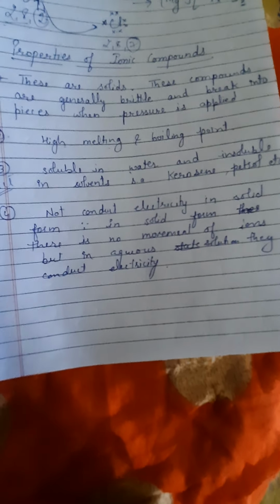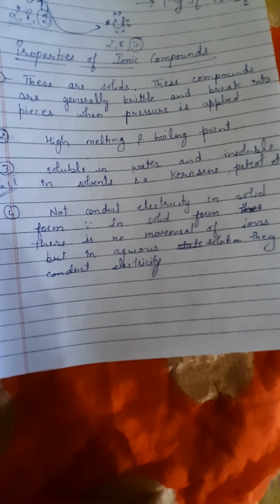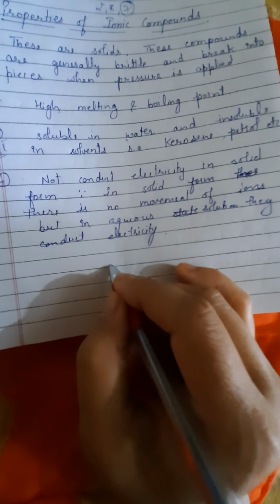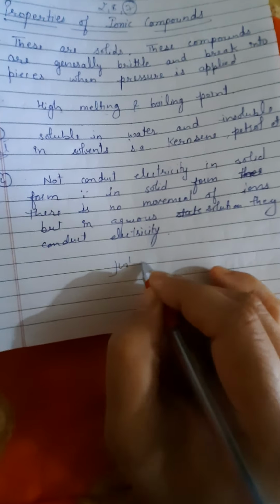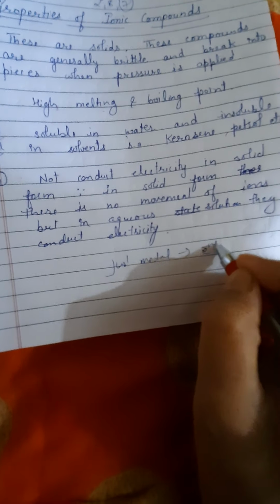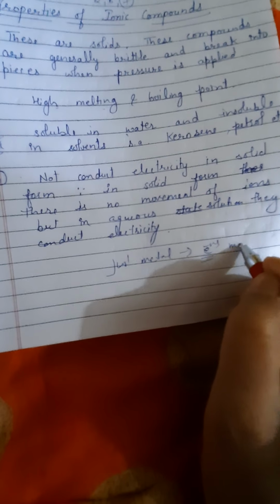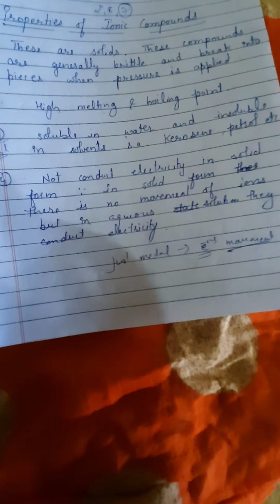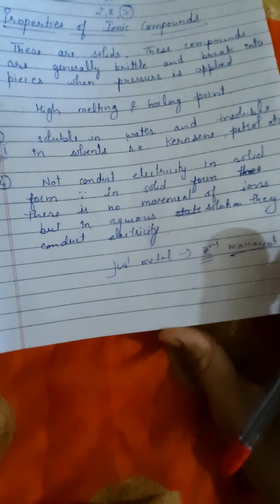Next is whether they are good conductors of electricity or not. First of all, just like in metal, how does metal conduct electricity? Because of the movement of electrons, only then do they conduct electricity.